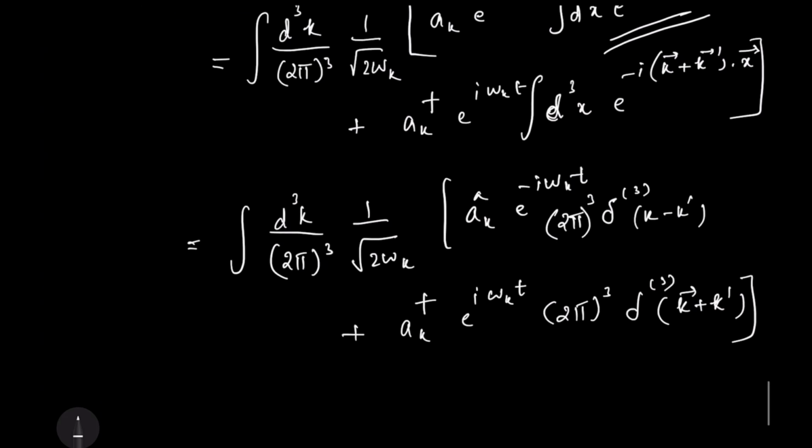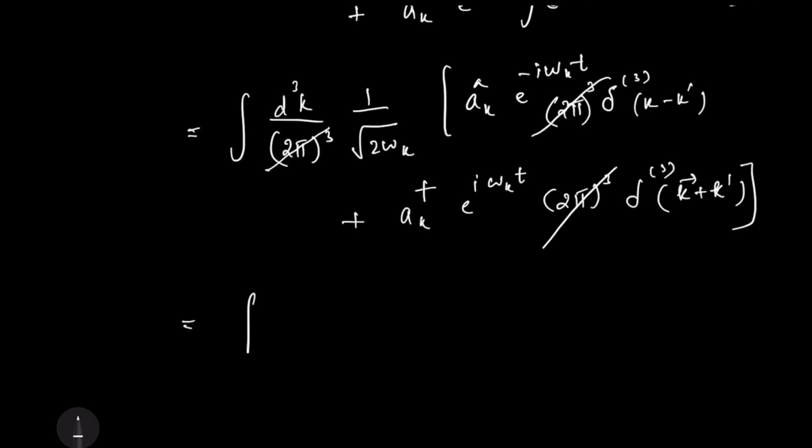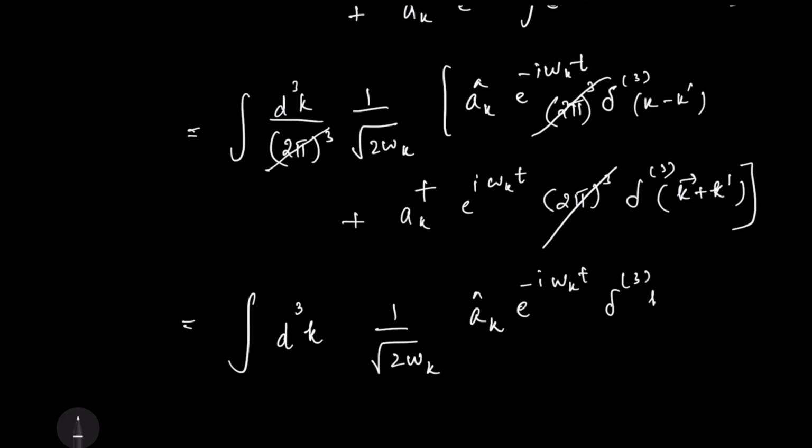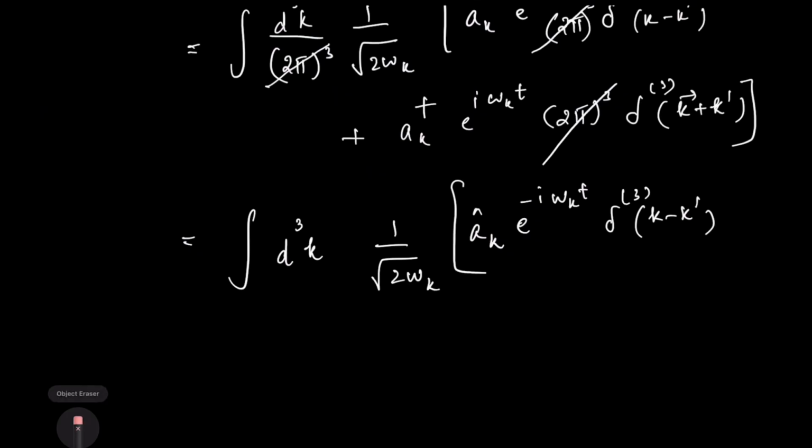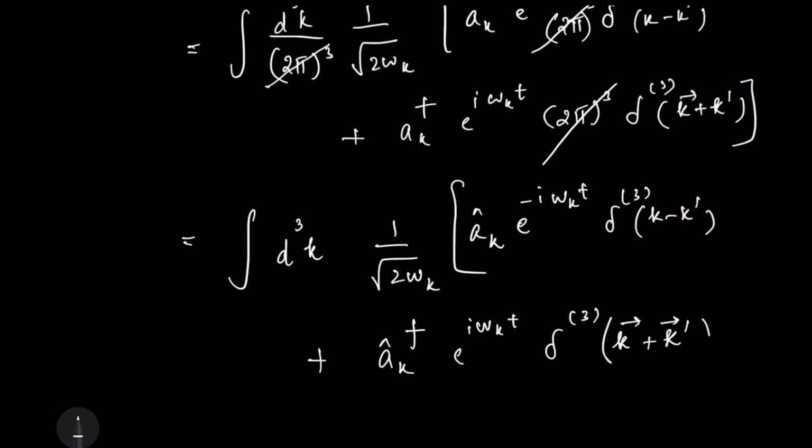Now 2 pi cube I can cancel, right? Then integral d cube k, 1 by root omega k, ak e raised to minus i omega kt del cube of k minus k prime, plus ak dagger e raised to i omega kt del cube of k plus k prime.